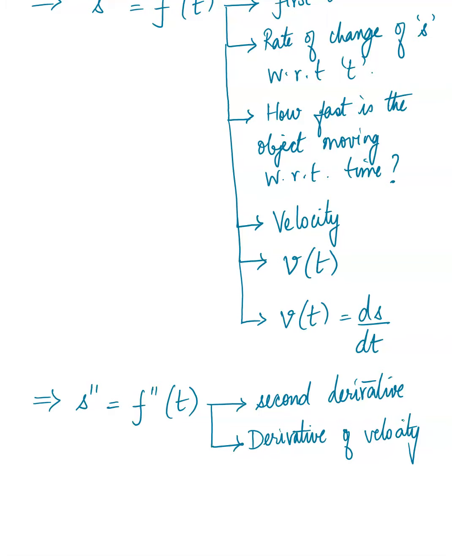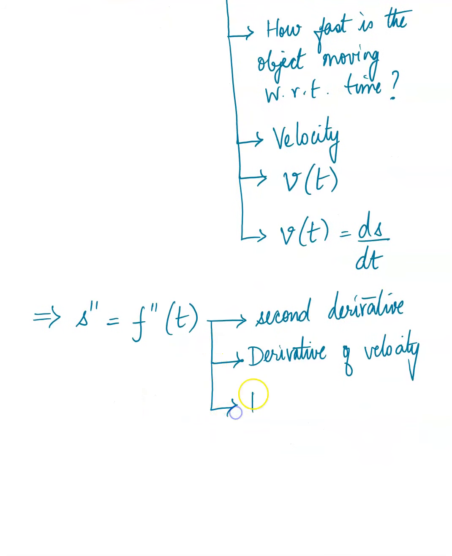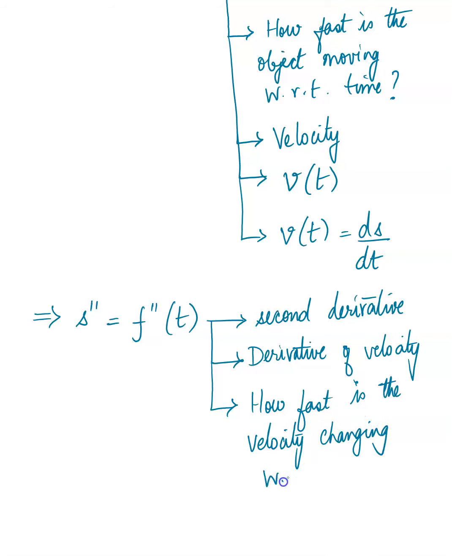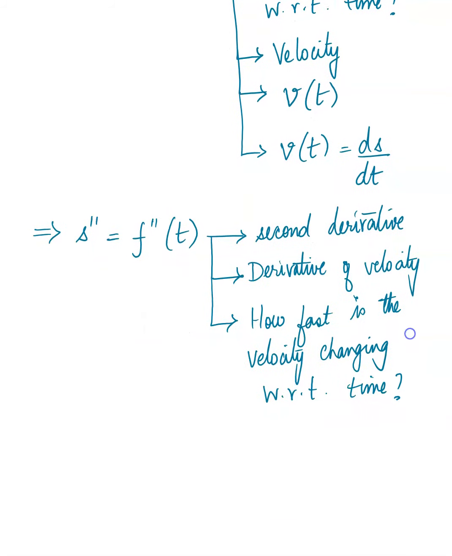So now our question, if you were to write it in regular English, is: how fast is the velocity changing with respect to time? That's what this means. So how fast is the speed changing? Not how fast is the object changing. How fast is the speed changing? And if you change speed, what's the word for it in English? We accelerate. So acceleration is what you get if you took the derivative of velocity.